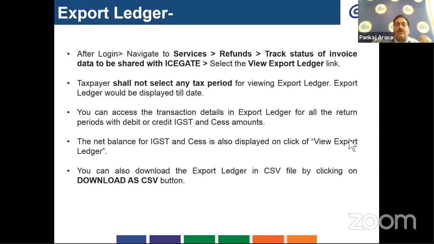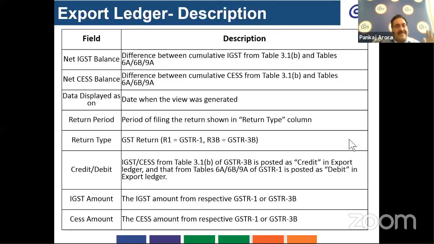And you can also download the export ledger in CSV format by clicking on the link for downloading such export ledger. So this is the description of export ledger. Net IGST balance means the difference between cumulative IGST from table 3.1B of all the GSTR3B returns filed by you and table 6A, 6B, 9A of all the GSTR1 filed by you.